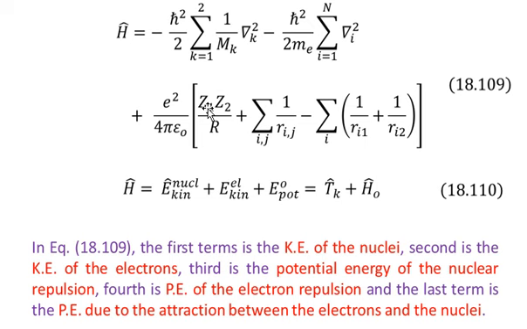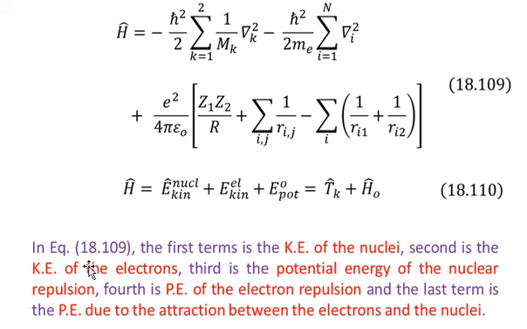Z1 and Z2 are the atomic numbers of nucleus 1 and nucleus 2, divided by the capital R, which is the separation between the two nuclei. M_k, capital M with k as a subscript, stands for the mass of the nucleus, and small m_e is the mass of the electron.